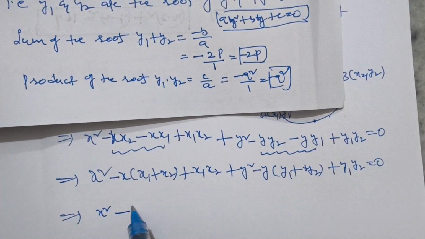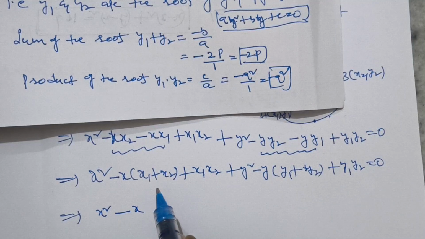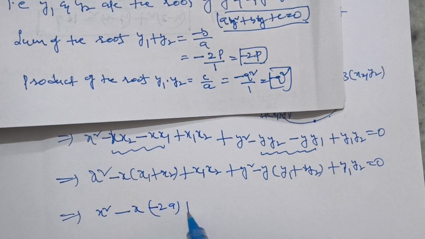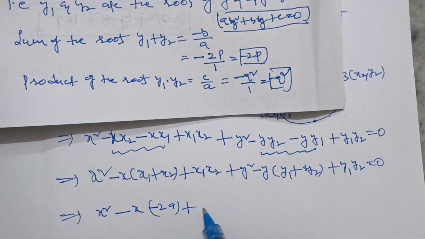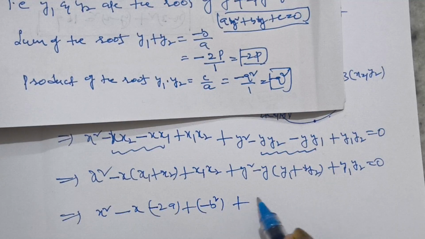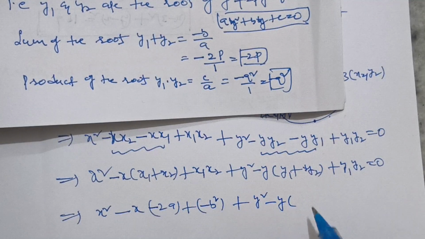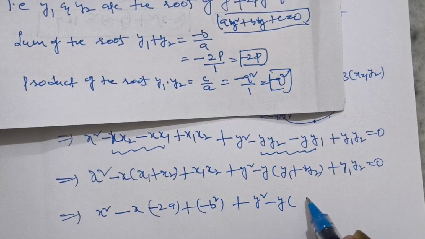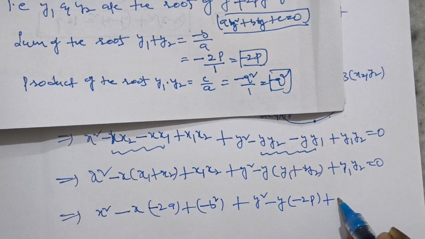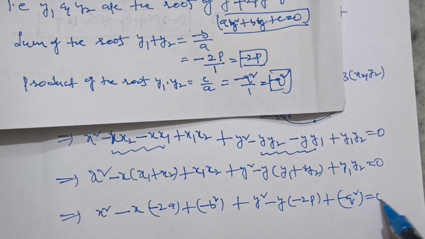x square minus x into (x1 plus x2 value, minus 2a) plus (x1 into x2 value, minus b square), plus y square minus y into (y1 plus y2 value, minus 2p) plus (y1 into y2 value, minus q square) equals 0.